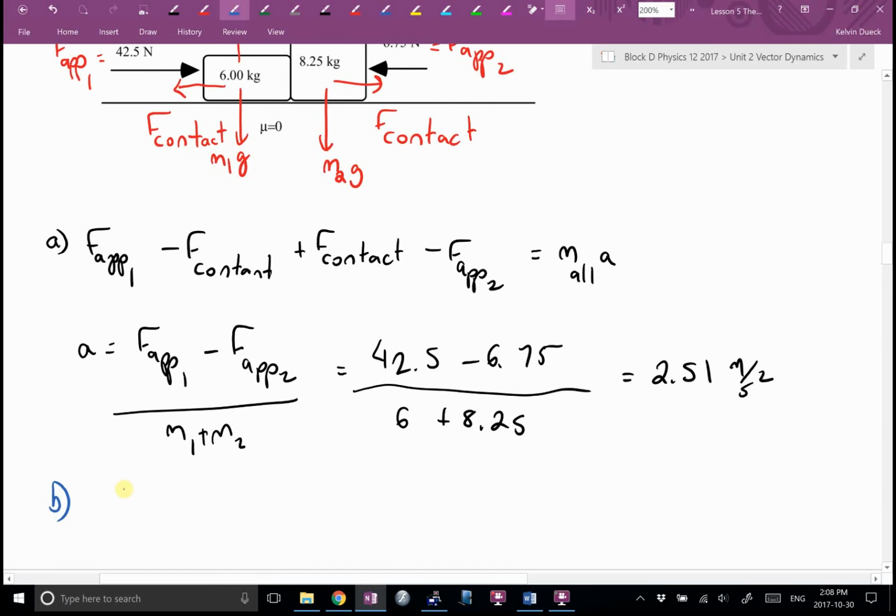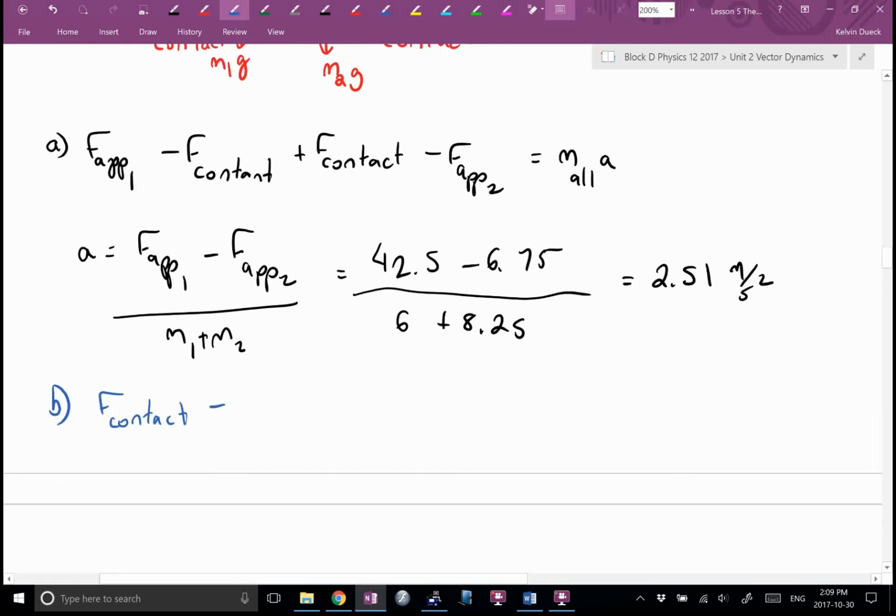We have this contact force, and I guess there's a minus applied 2. That equals M2A.